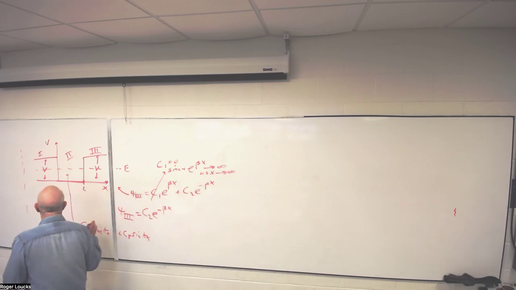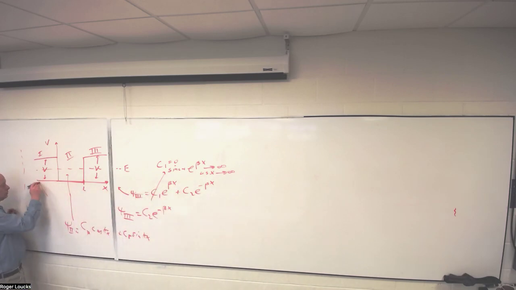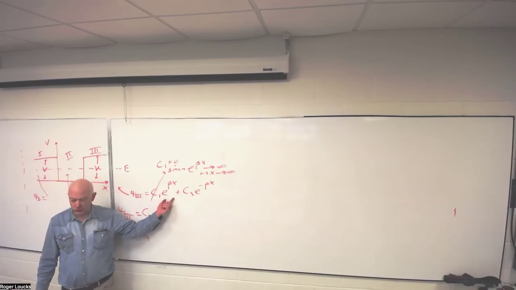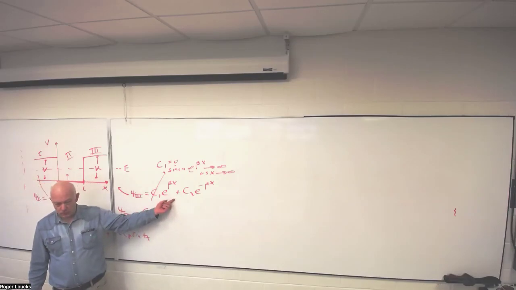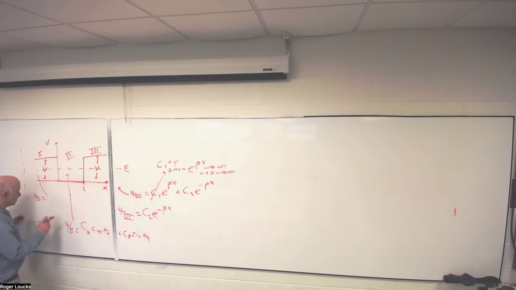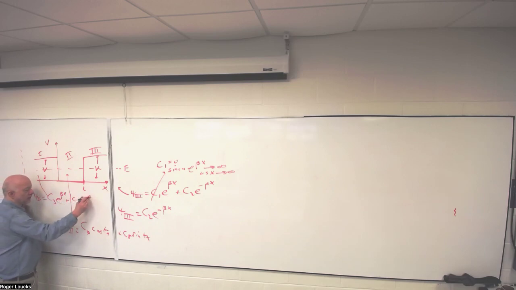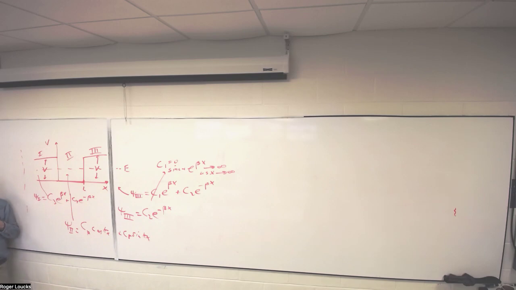This region, region 1, looks exactly like this one here, with very different coefficients. I think we had C3 e to the beta x, C4 e to the minus beta x. And in this region right here, which of those is well behaved? The C3 one. How come?